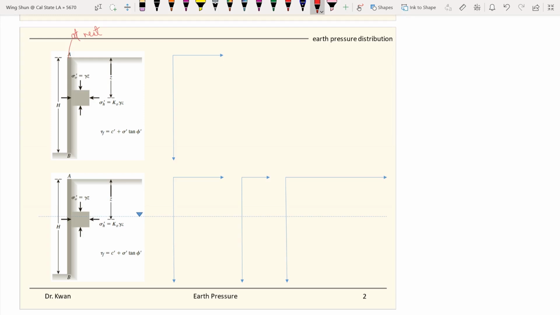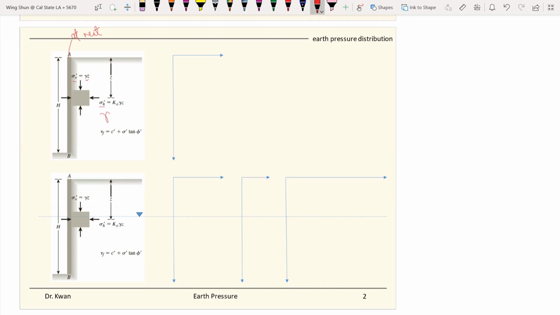And the backfill, the soil, has a unit weight. So it sustains horizontal stress. If you look at soil elements, they sustain a horizontal stress that you can calculate, which is equal to, well, first of all, the vertical stress.